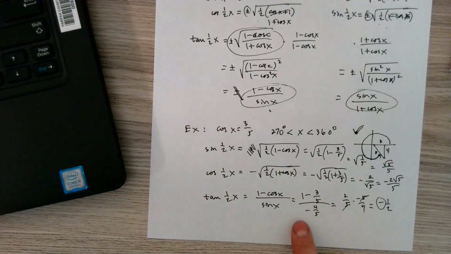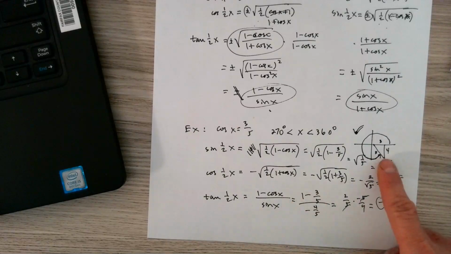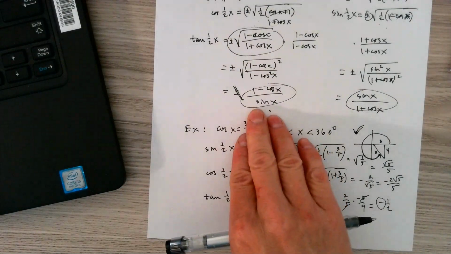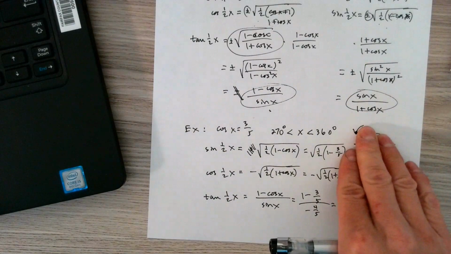This case was a fourth quadrant angle, and a fourth quadrant angle will have a positive sine value, but less than 1, and a negative sine value. So it's a positive over negative, which will end up negative, which is what it's supposed to end up. And if you do other cases with angles in different quadrants, you'll see it just takes care of itself. So that's why in the derivation the plus or minus goes away, here and here.